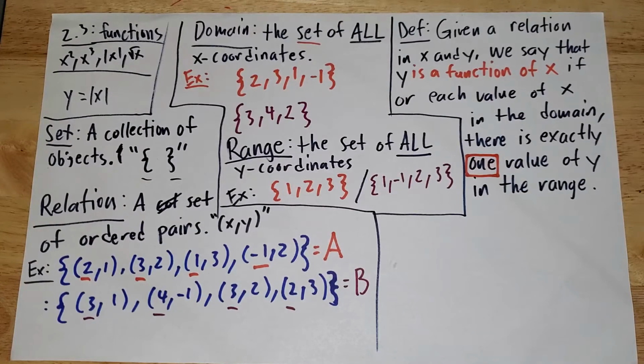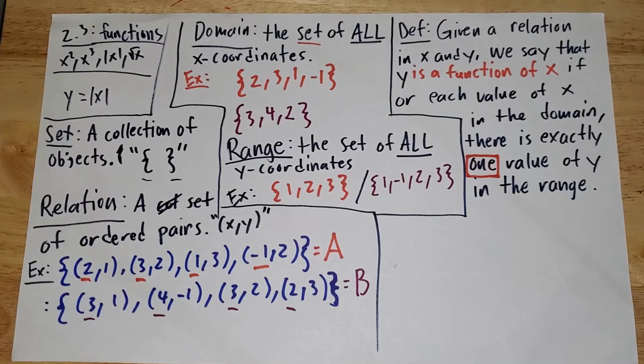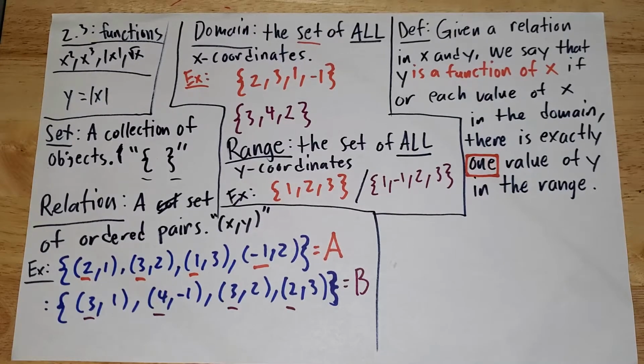Again, this only works one way, because sometimes you see that you have one y correspond to two different x's, which is perfectly fine in terms of being a function. What we're looking at here is that x can only correspond to one y.